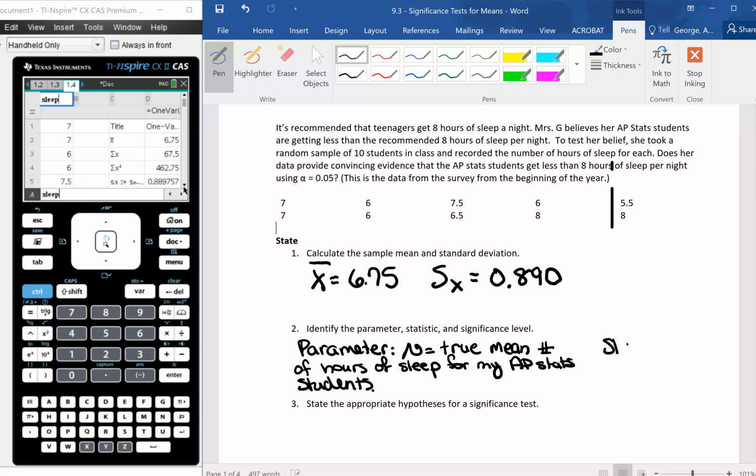All right, so our statistic, we've just found it. That's our x bar. So that's why we do that work first. It makes our life a little easier. So x bar equals 6.75. And then our significance level, we're at alpha equals 0.05.